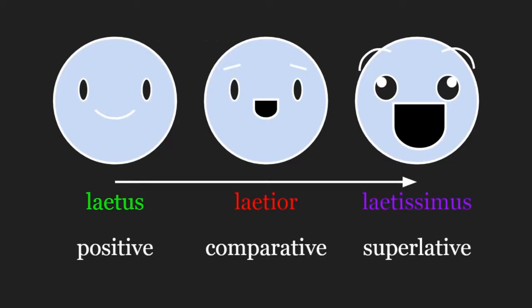So how do we use this in Latin? Well, Latin still has these three degrees. We still have the positive, the normal, the comparative when we compare two things, and the superlative when we want to see the biggest and the most extreme of each level. Over here is laetus, the Latin word for happy, of course.